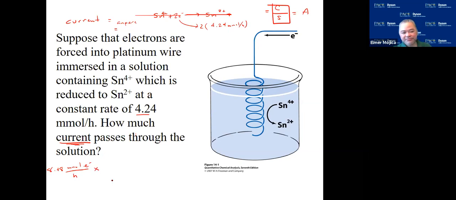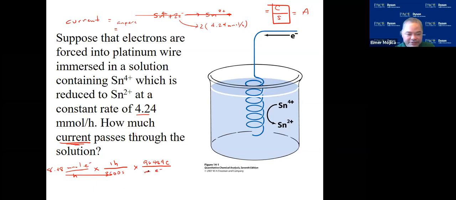We convert this: for every 1 hour, you have 3,600 seconds. And then whatever we get there, for every 1 mole, you have 96,484 coulombs per mole of electrons.